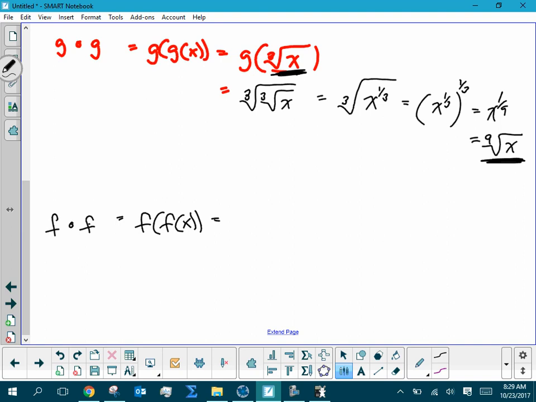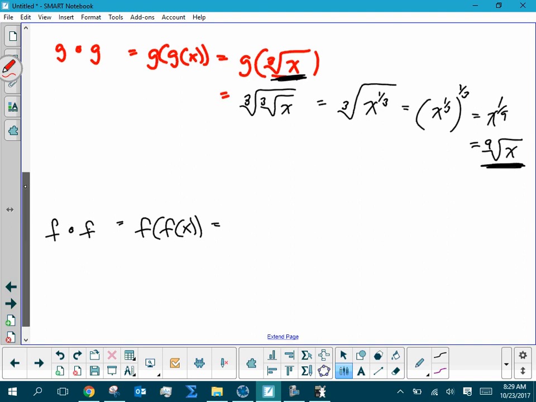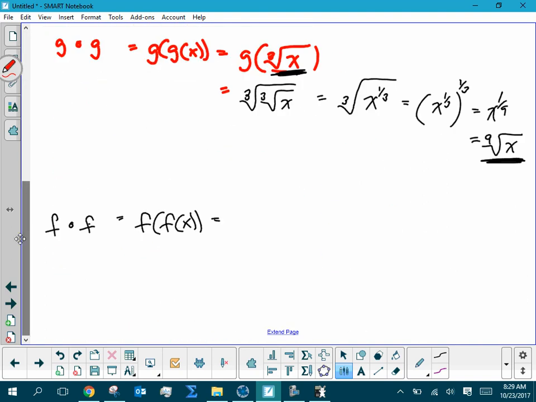Now if we do this one, f of x is x cubed plus 9. So we go f of x cubed plus 9. Now I'm going to plug x cubed plus 9 back into the f function.